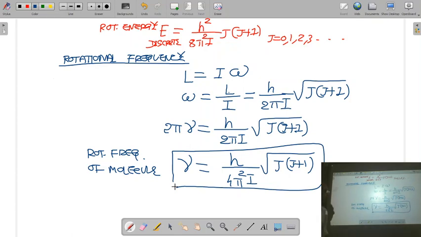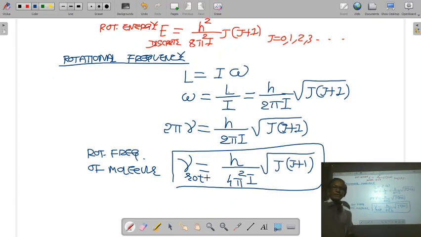This is the rotational frequency of a rotating molecule. I denote it by nu rot. Nu rot means the rotational frequency of the molecule.